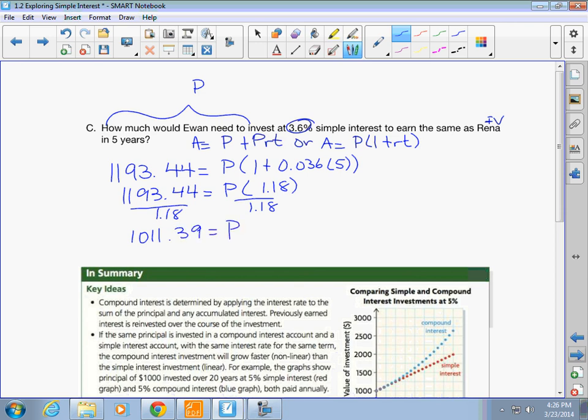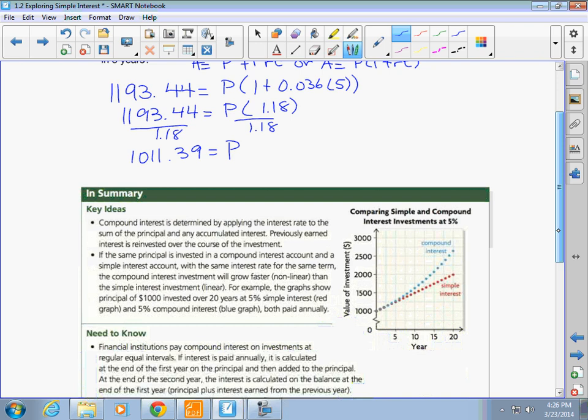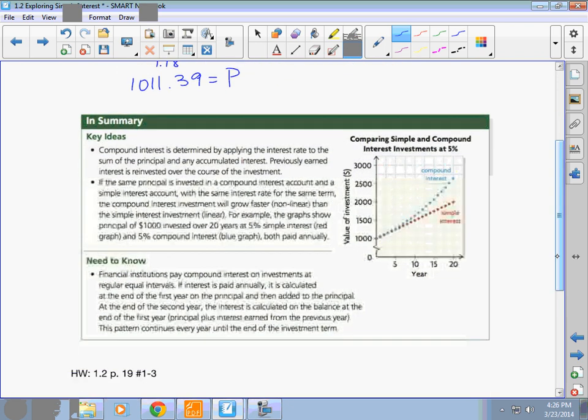So he would have to start out with just over $11 more with his initial investment in order to end up the same as Rena did with her compound interest.